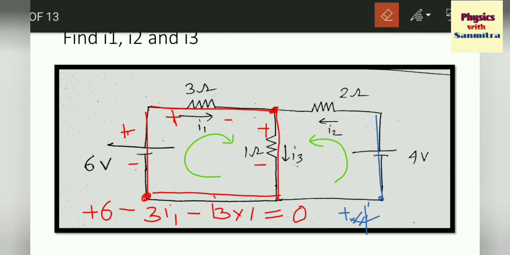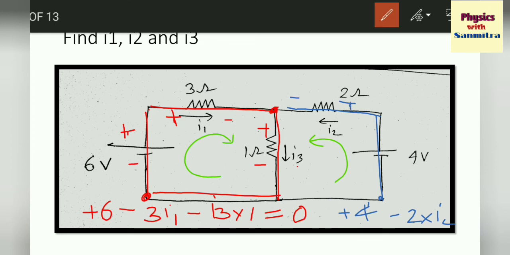Now we are going from this side to this, along the current. So along the current, we will get minus 2 into i2, because we are going from high to low. This is at a higher potential, plus, and this is at a lower potential, minus, so high to low.